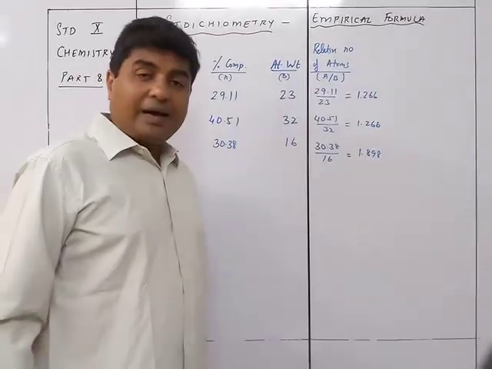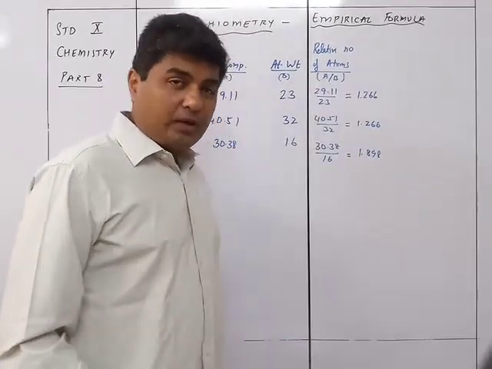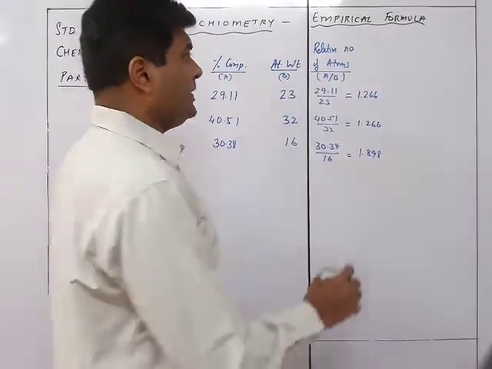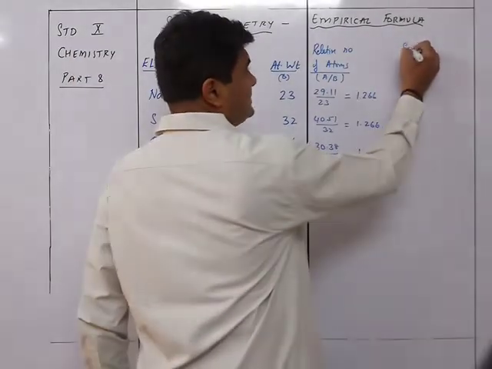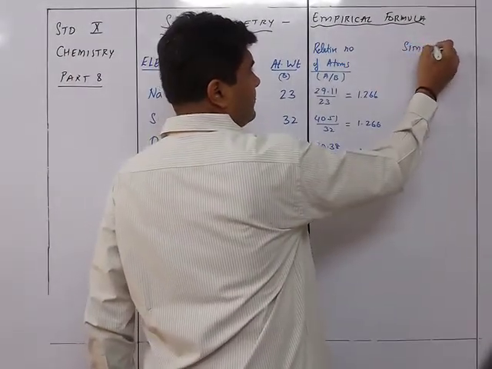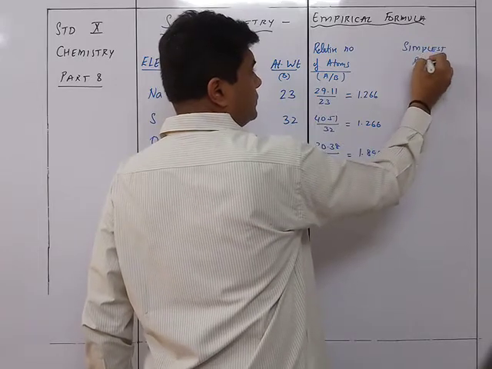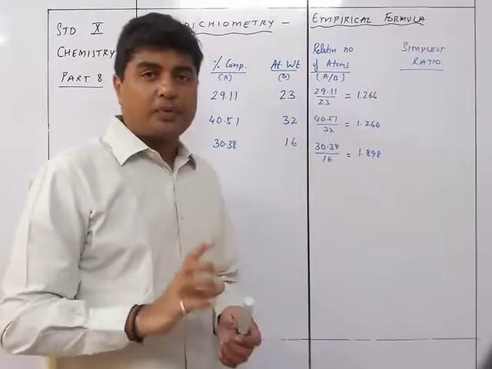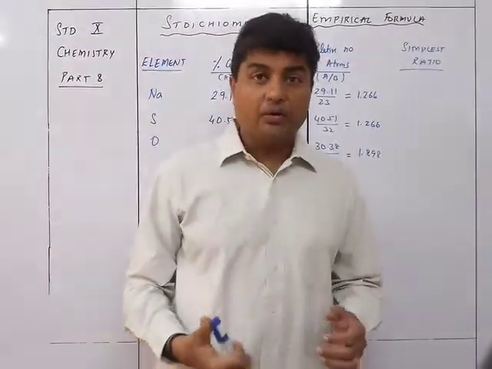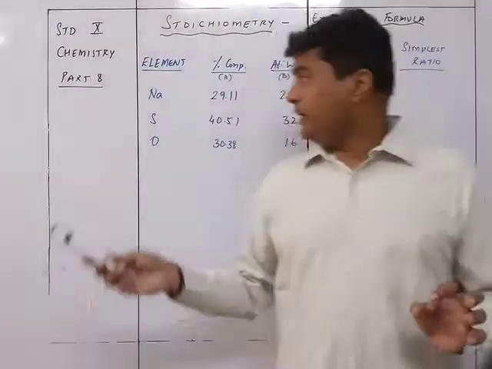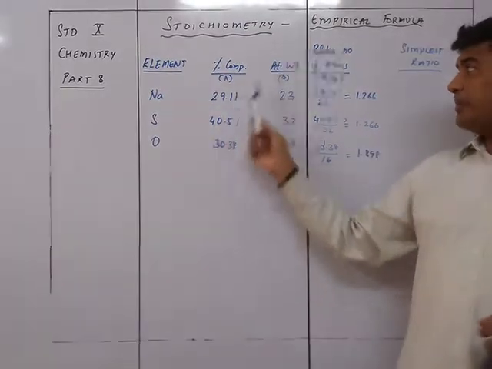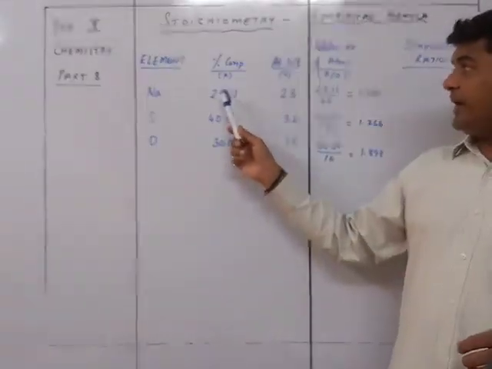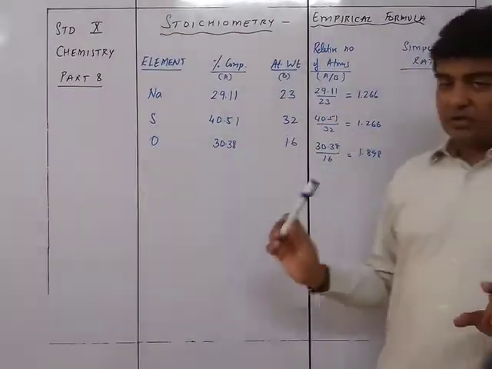Now, the next step is finding out the simplest ratio. Now pay attention properly, this is the most important part. Up till now what we did was, we took the element, percent composition and atomic weight, and divided A by B to give you this answer.